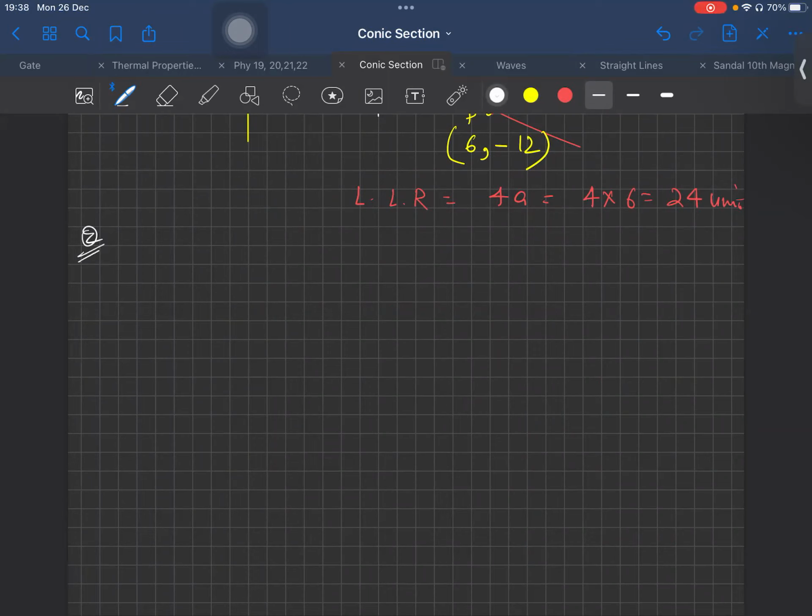Okay, so you are given directrix is y is equal to 3, and focus is given 0 comma minus 3.